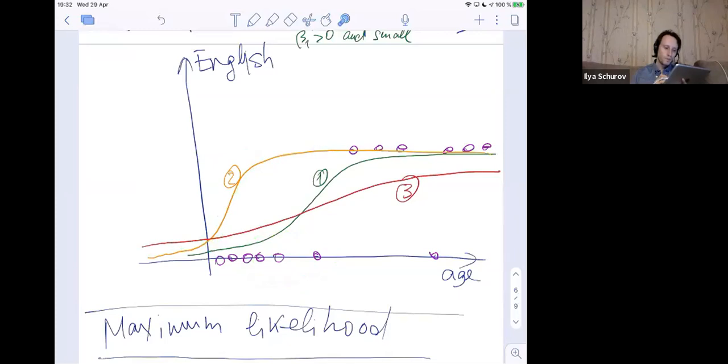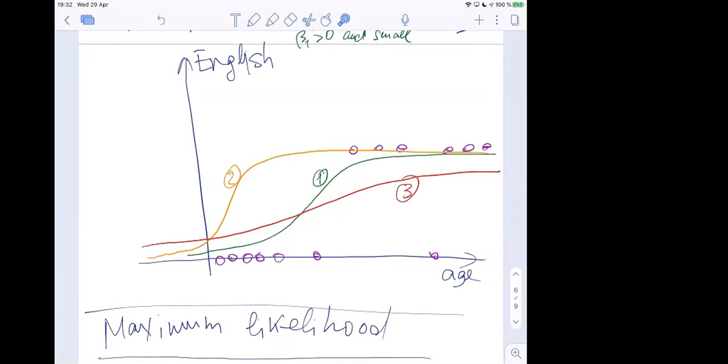And what about number 3? What is bad with number 3? Why do we prefer number 1 to number 3? Maybe it's too far from the points which are at the bottom.